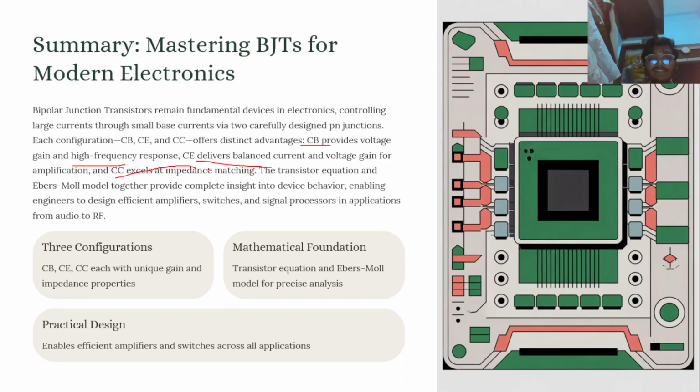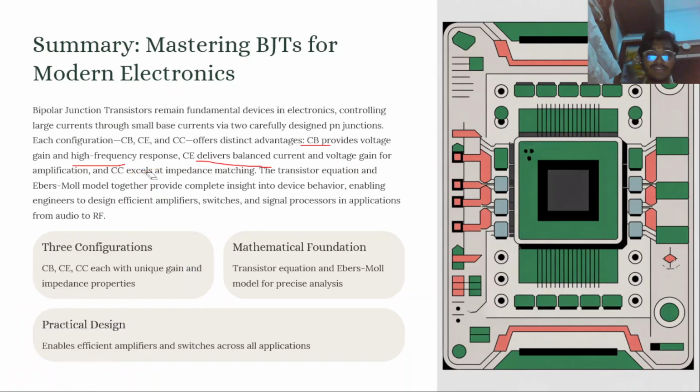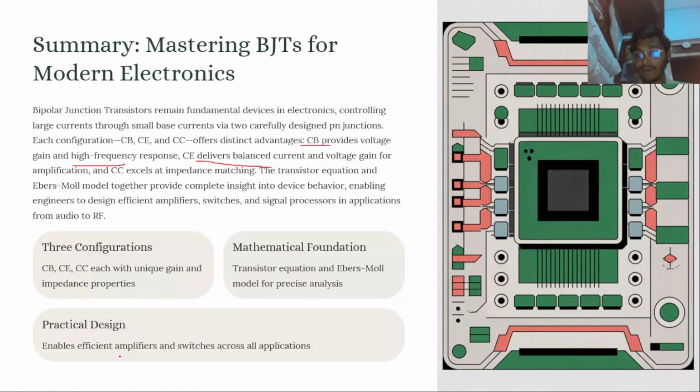Next, transistor equation, the Ebers-Moll model. Together they complete the device description. What does this Ebers-Moll model do? It is a mathematical model, applied to the current equations of emitter and collector current.